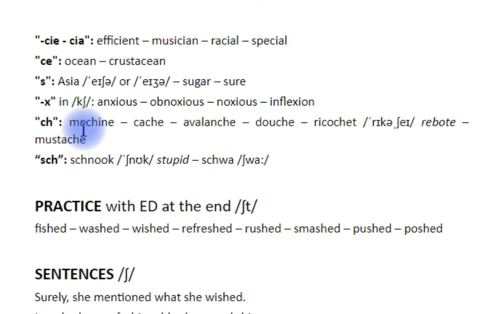And then the ch, sometimes, not always. Just a few times we pronounce it like sh as well: machine, cachet, avalanche, douche, ricochet, and mustache. And then the SCH combination, which is only a few words in English, like schnook, or schwa, the famous schwa.